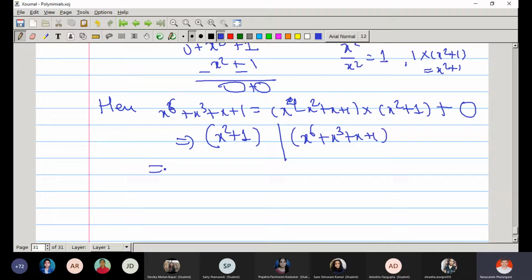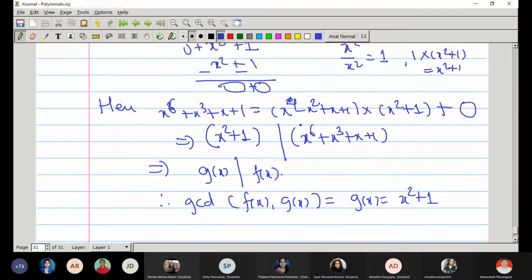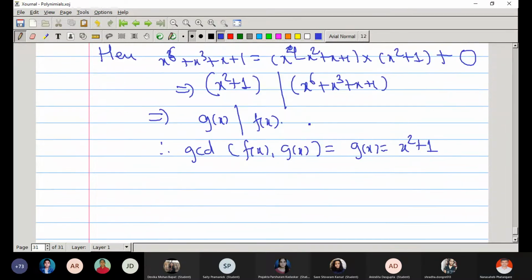Right, that means g(x) divides f(x), and the remainder is 0, therefore what is the GCD of these two polynomials? Because the remainder is 0, the GCD is the previous divisor, g(x).